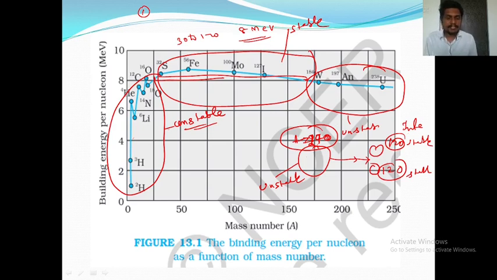What is happening here? Heavy nuclei split up into smaller nuclei and get stability, and this process is known as nuclear fission. Lighter nuclei have a tendency to fuse together to become stable. Intermediate nuclei are already stable.